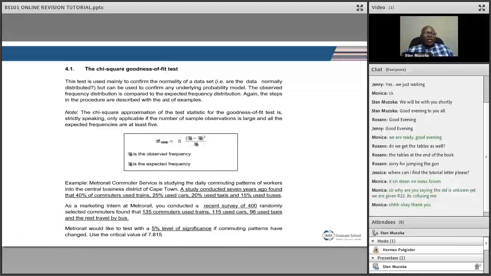As a marketer at Metro Rail, you conducted a recent survey of 400 randomly selected commuters and found that 135 used trains, 115 cars, 96 taxis, and the rest used buses. Test this at 5% level of significance. The critical value is 7.815.